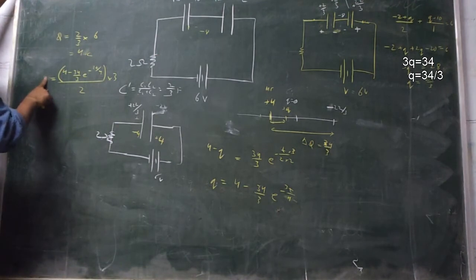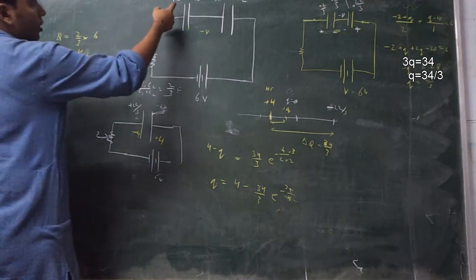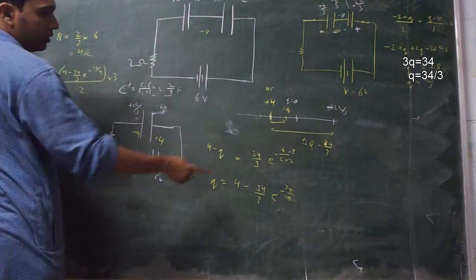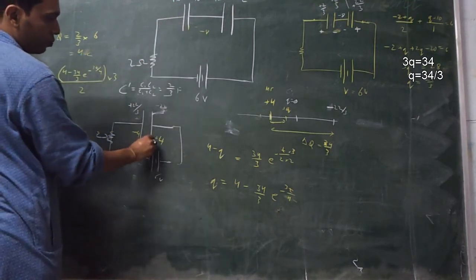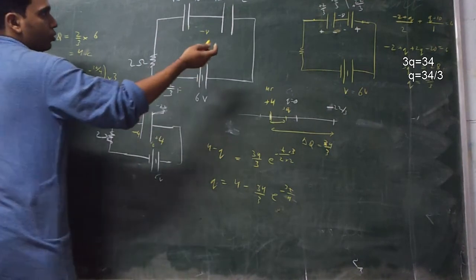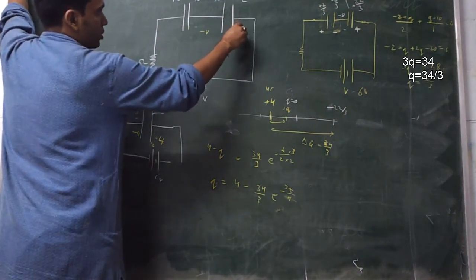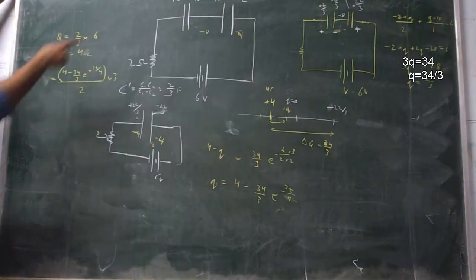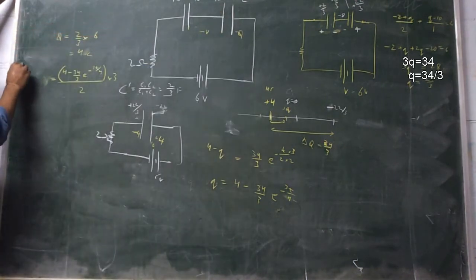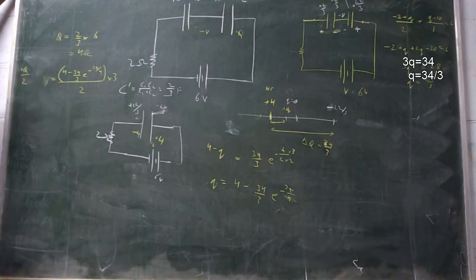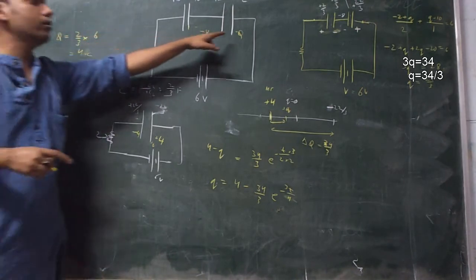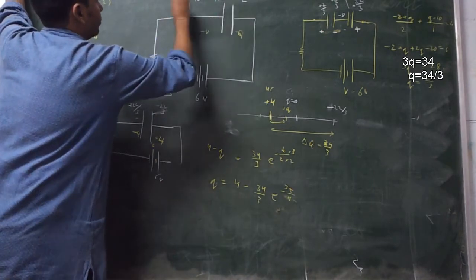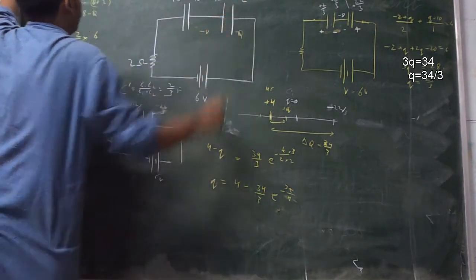So say Q charge is remaining on this. You wanted how much is the charge on this one, and this we have achieved where plus Q is there. So assume that this is your plus, say, capital Q. So the voltage across that one is plus capital Q by 2. If this is plus capital Q, you can see the total charge outside has to be 8 plus 10 minus 2.